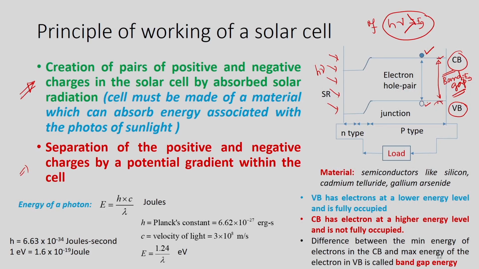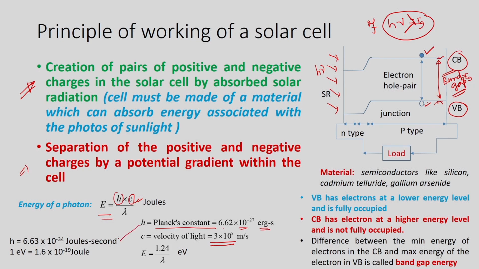Okay. So, this h nu is h c by lambda, where h is the Planck's constant and c is the velocity of light. The velocity of light is 3 into 10 to the power of 8 meter per second, and Planck's constant is 6.62 into 10 to the power of minus 27 erg seconds.